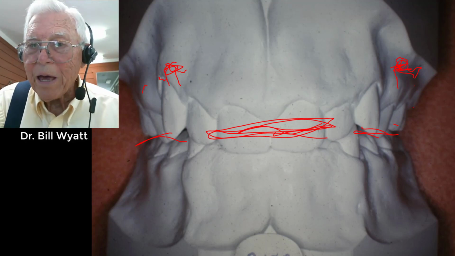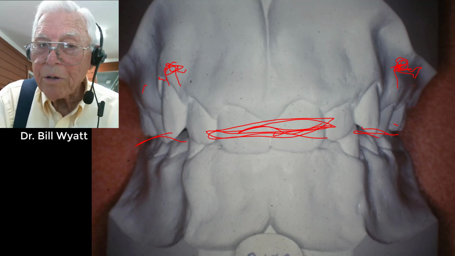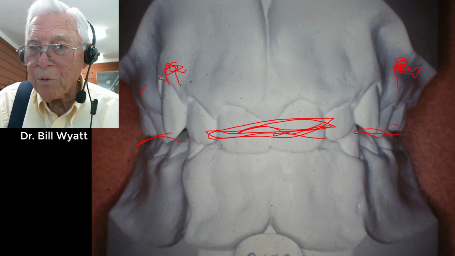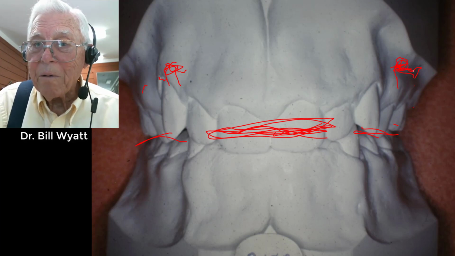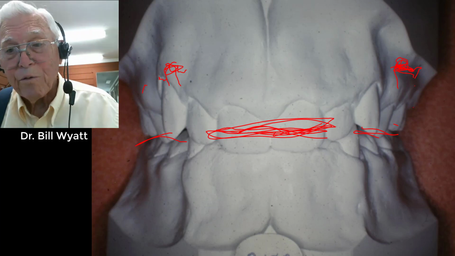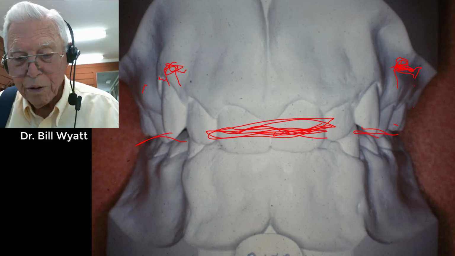Now, if you've got bad joints and you did that, you would tend to have problems, because if you bite with 10 pounds of force out here, then you're going to have about 25 back in on the joint.